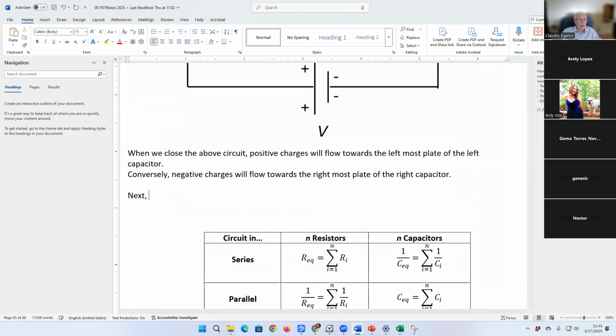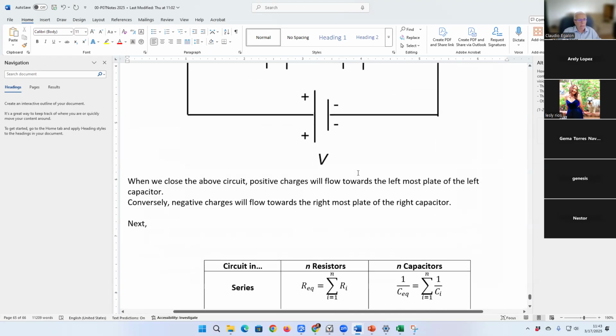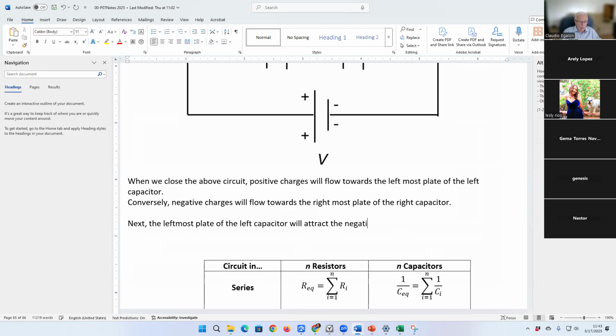Next, the leftmost plate of the left capacitor will attract the negative charges in its corresponding plate.